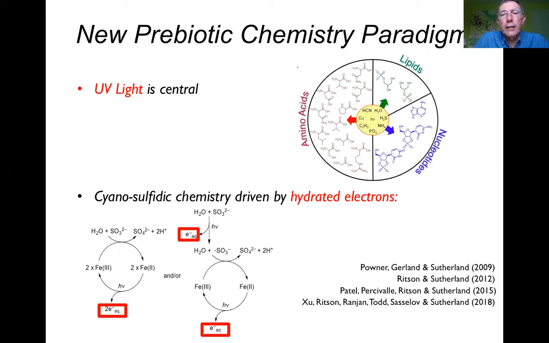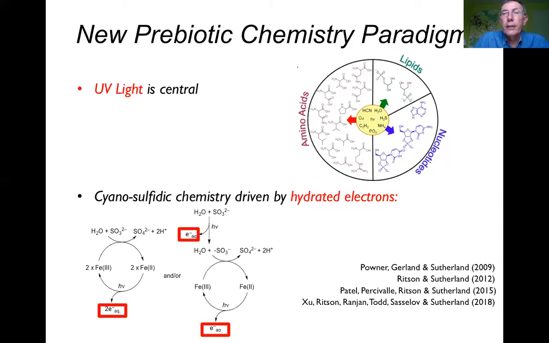So you put ferrocyanide, denoted here as Fe2, in water together with some amount of sulfate, bisulfate particularly here. And you irradiate it with UV light of a particular wavelength. We'll talk about that in a moment. And you photodetach electrons, which thermalize in the water.